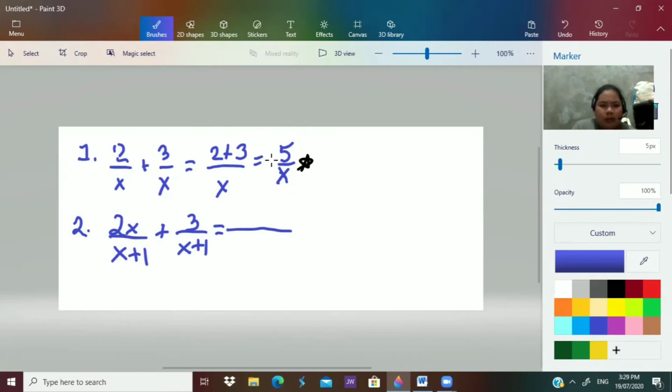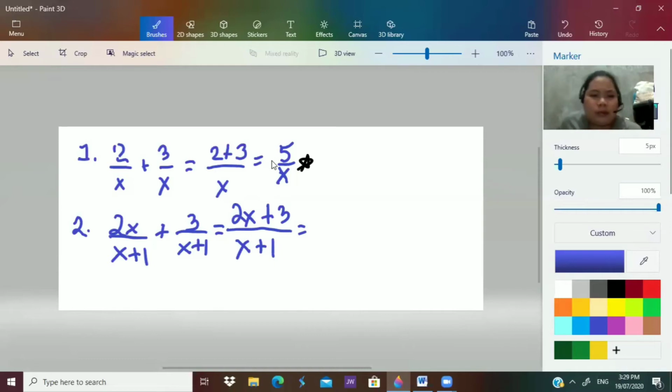So copy the denominator, so you have here x plus 1, and add the numerators. So the numerators are 2x plus 3. Then simplify. I forgot the last step. The last step says that simplify if it is possible.